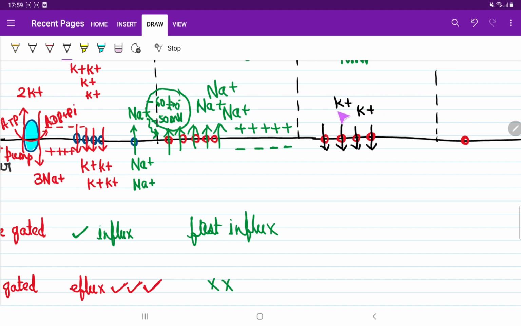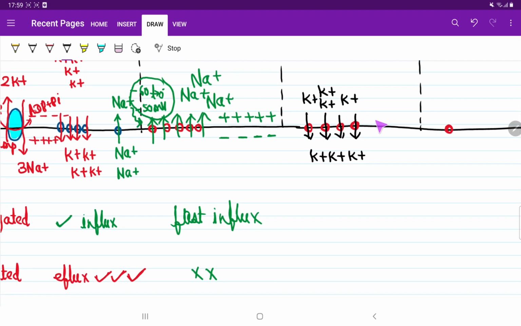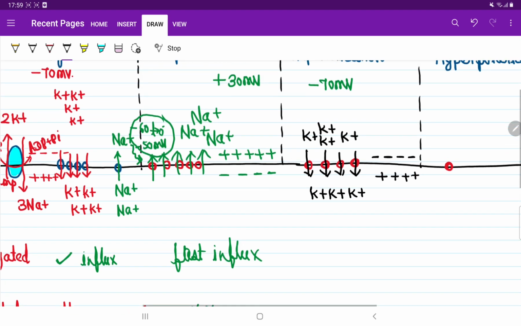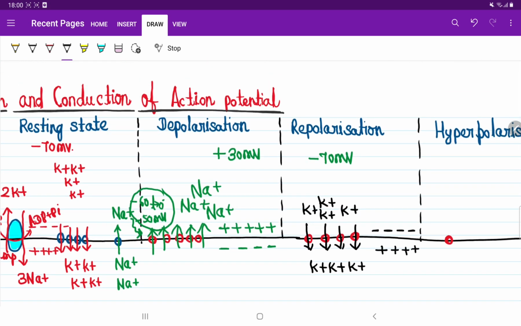Potassium ion efflux: the potassium ion concentration inside the neuron is very high, so there will be potassium ion efflux, and this potassium ion efflux causes repolarization, right? And again the charge inside the neuron becomes negative, and outside it's positive. This time period is called repolarization.